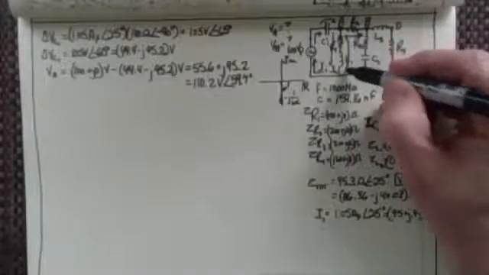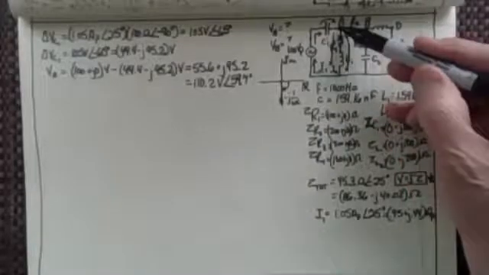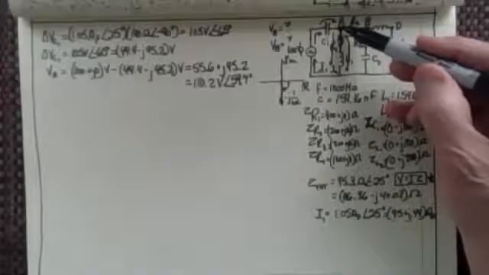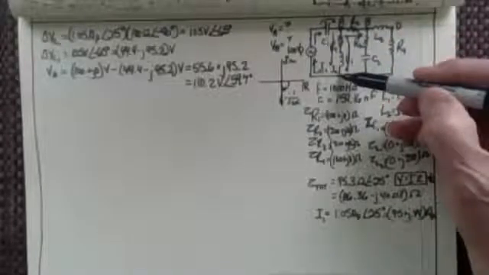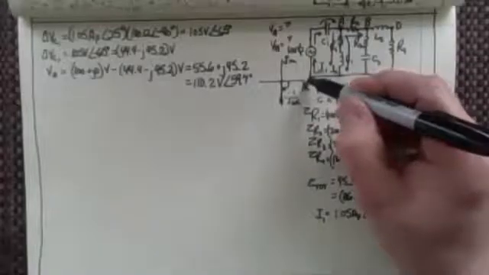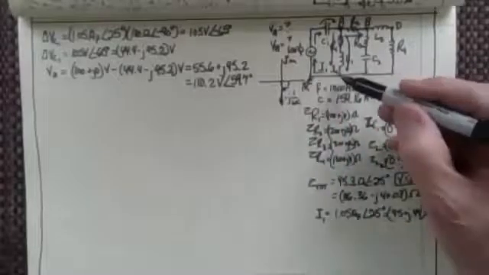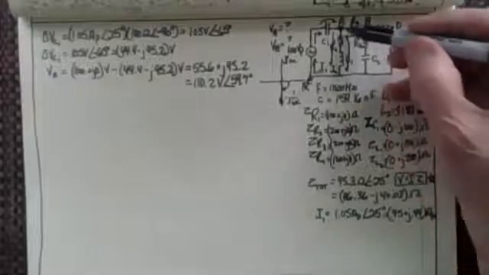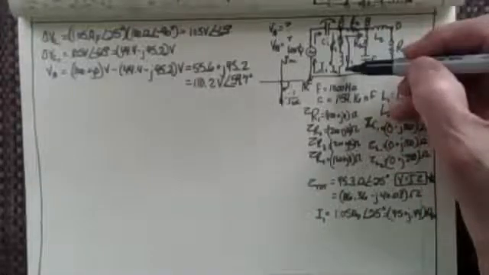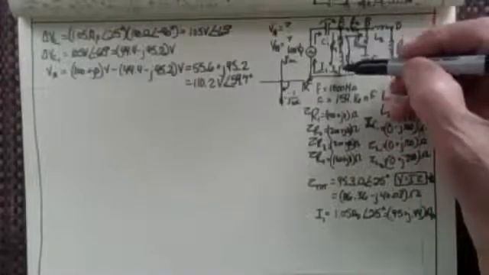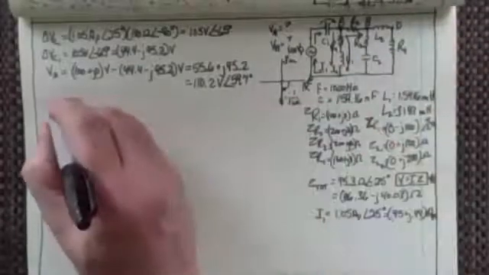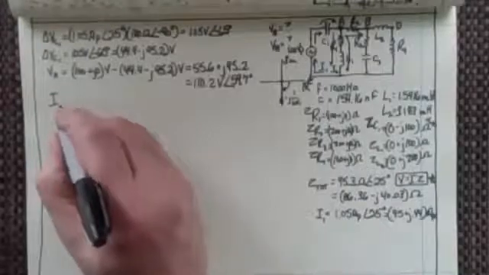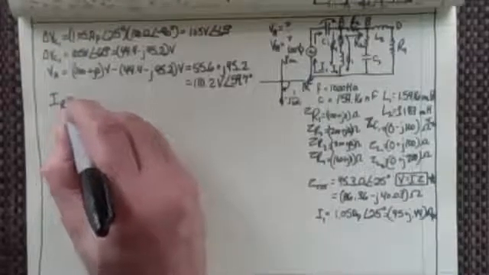In fact, I know the voltage drop, don't I? Because it goes from 110 volts at 59.7 degrees down to 0. This, let's not forget, is 0. That's ground. So if I know what the voltage drop is already, and I know what the impedance is of that, shouldn't I be able to find the current? And that's what I can do. Let's do that. Let's find the current through R1 that way.